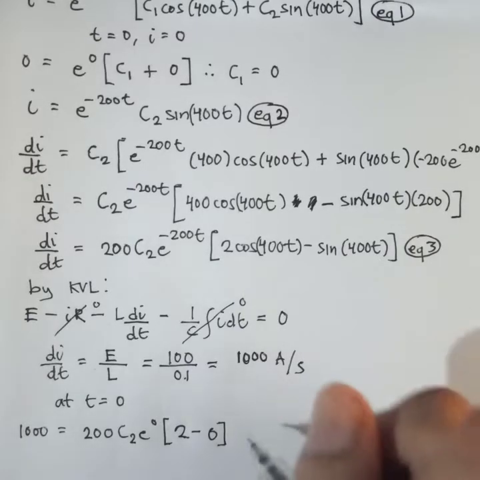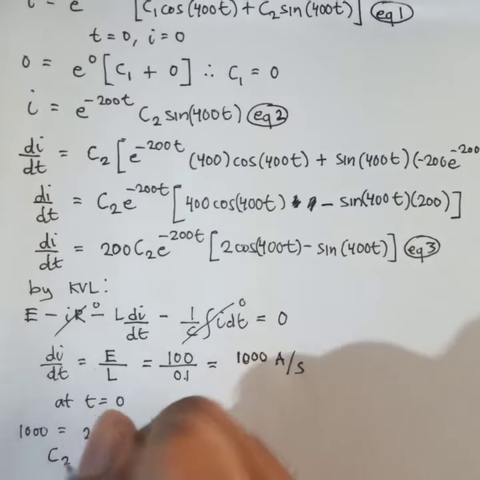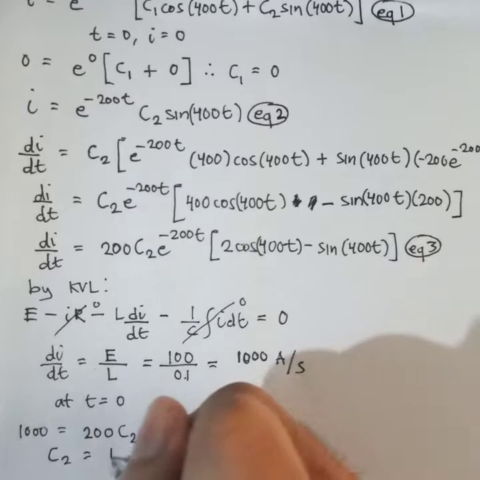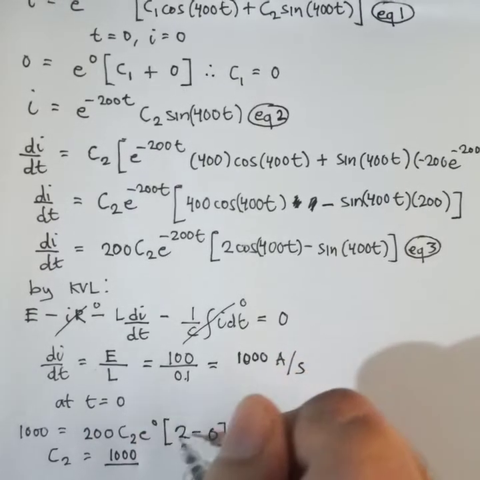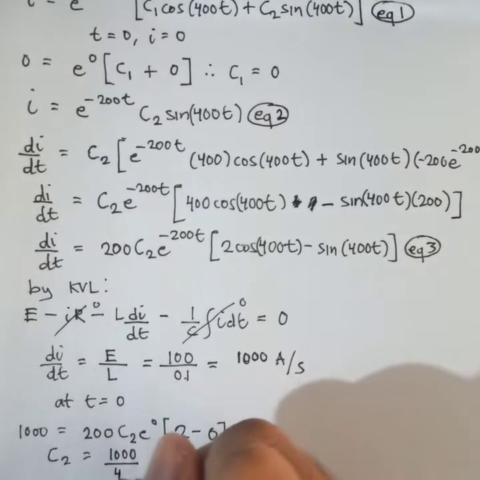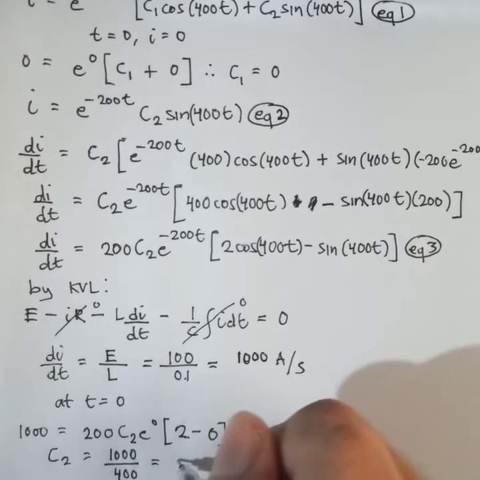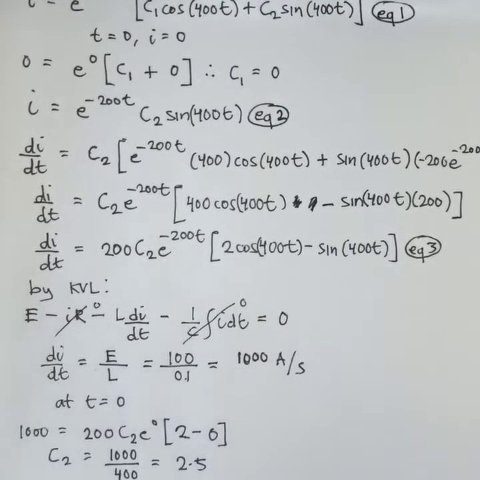So therefore c sub 2 is equal to 1000 over 400, that is equal to 2.5.